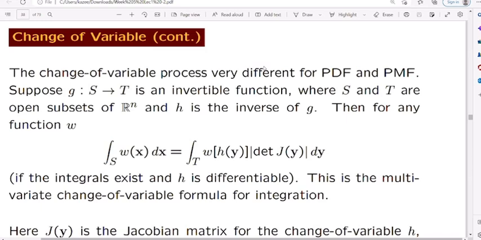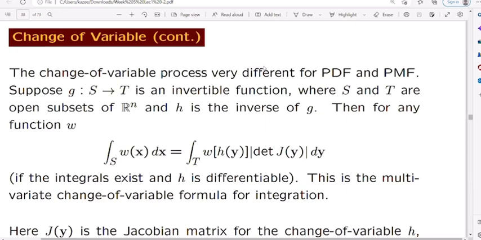Now a change of variable process is kind of different for PDF and PMF. When we're dealing with the PMF for discrete random variable, I think I walked you through that before. But when you're doing it with a continuous function, we got a different way to do that.